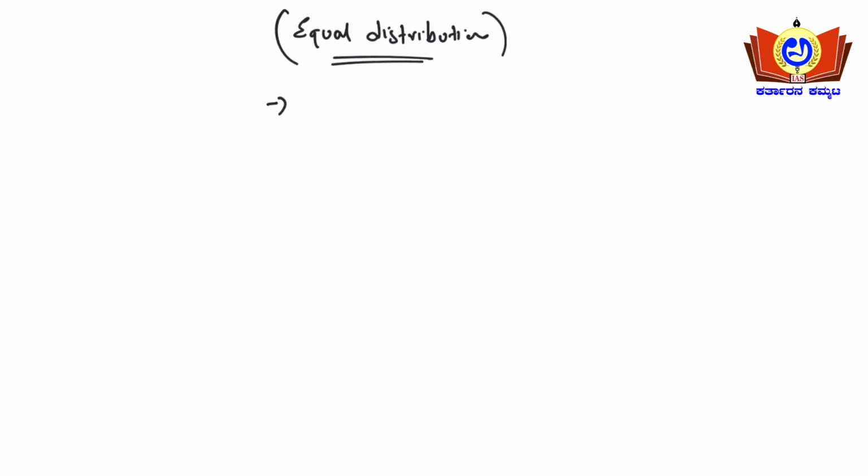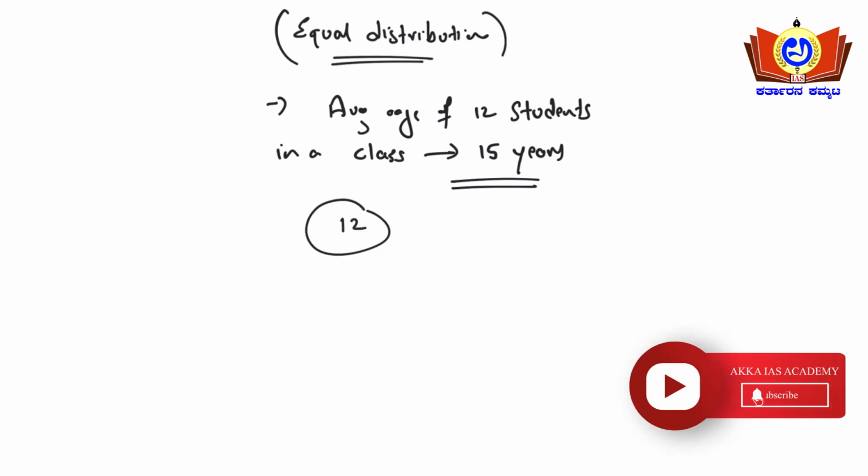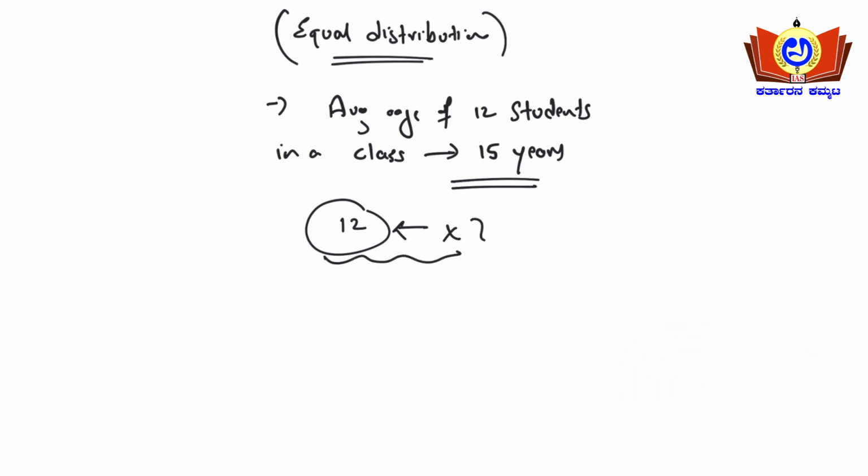The example: the average age of 12 students of a class is 15 years. What do you understand by this statement, guys? There are 12 students and we don't know each student's age, but when we calculate the average, each student's age will be 15 years.